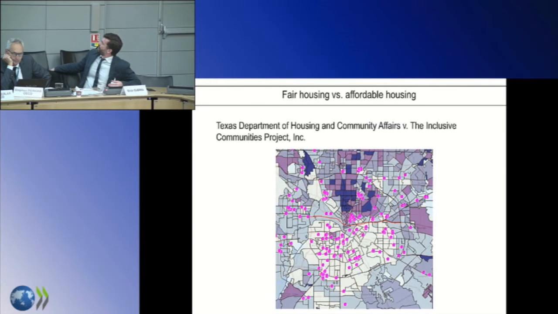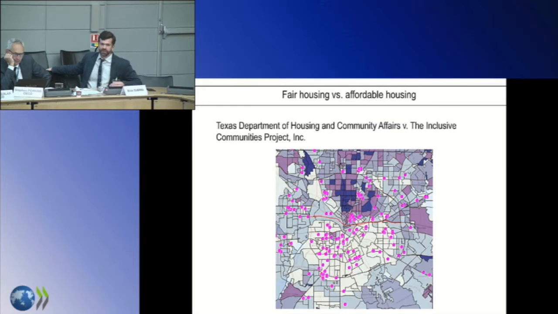This is a map from Houston, and this shows where affordable housing is located by race. The whiter areas, the clearer areas, are where there are higher concentrations of black households, and most of the affordable housing has been concentrated in these areas.